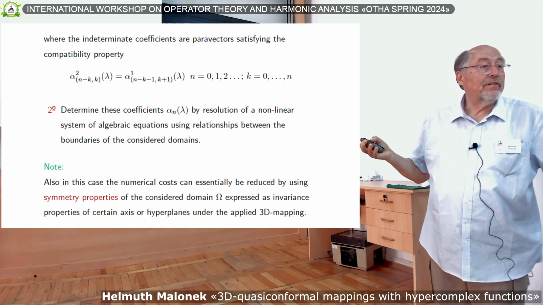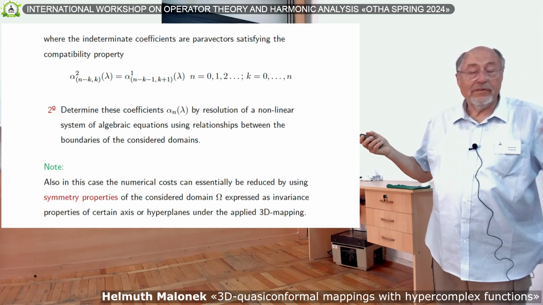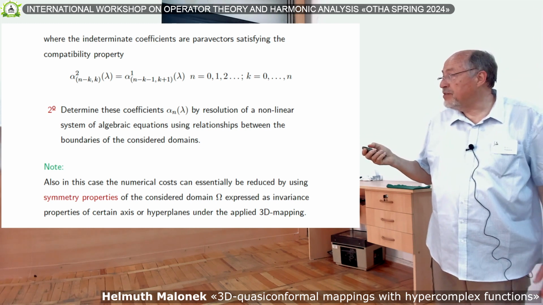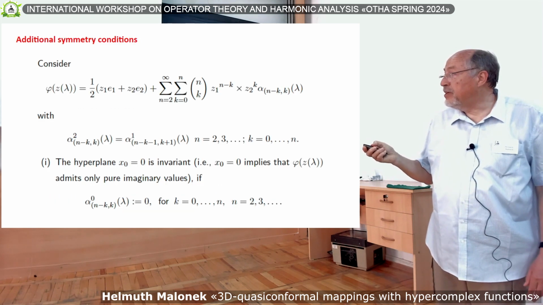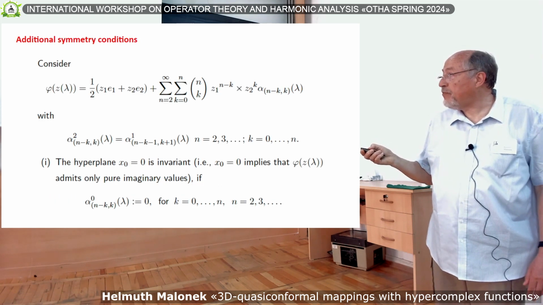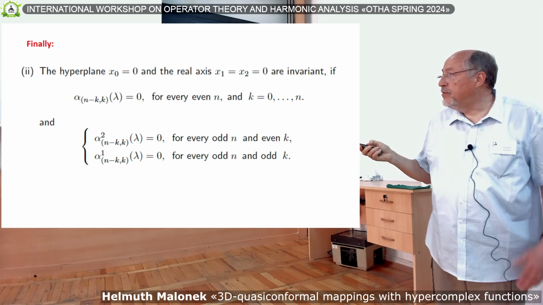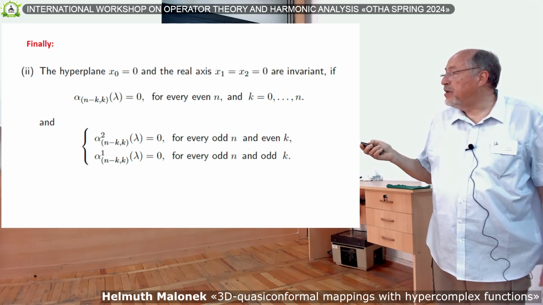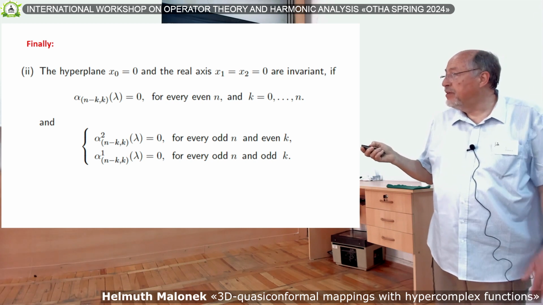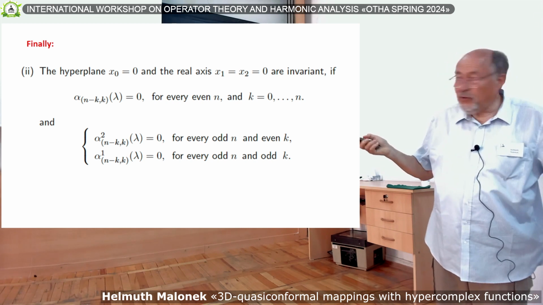As in the square case, for example, there's also an essential reduction of numerical costs when you look to the book. And also in our case, we have an additional symmetry condition, and so hyperplanes, and in the hyperplane we have symmetry, suppose.